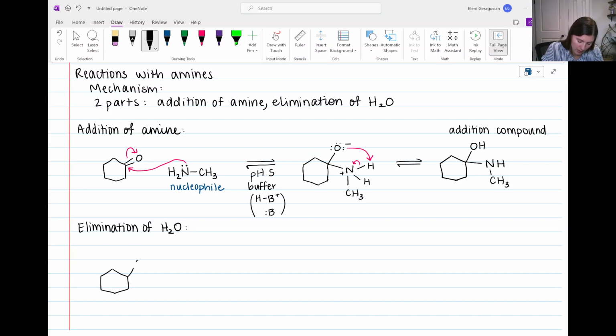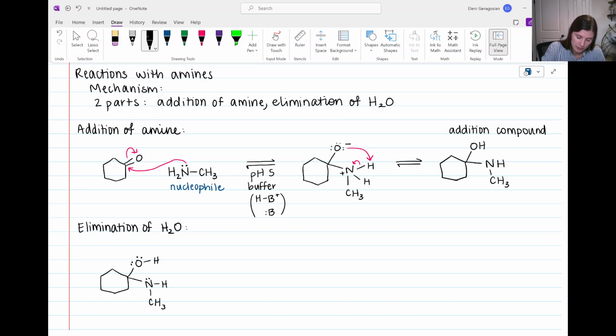We have both an OH group and our now secondary amine. And we're going to eliminate water to create that final product. The final product is that amine. We have a double bond between the carbonyl carbon and the nitrogen. And so we can create that double bond by the loss of water.